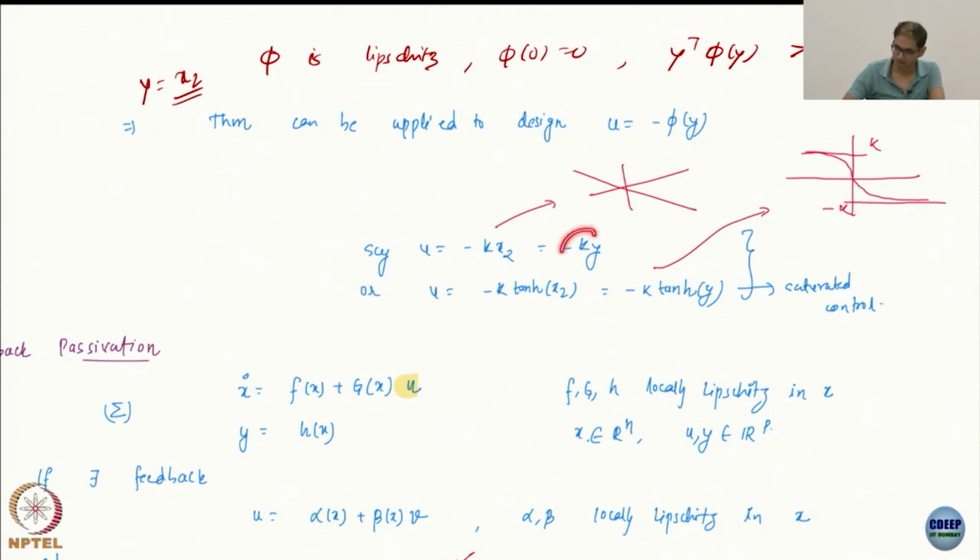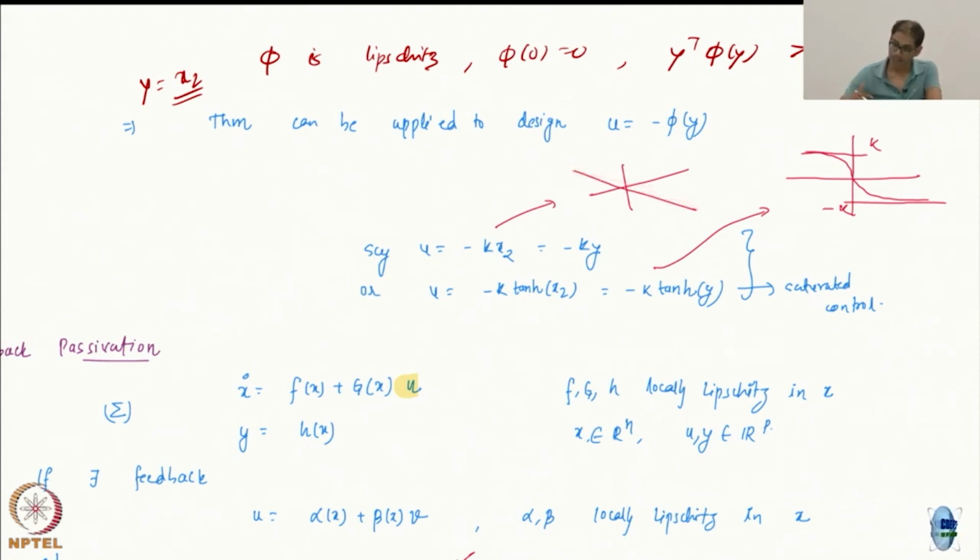Therefore, it is strictly positive, I mean it is 0 only when the state is 0. Therefore, this is a valid control, and that is fine. As a function of the state x2, this is the controller.